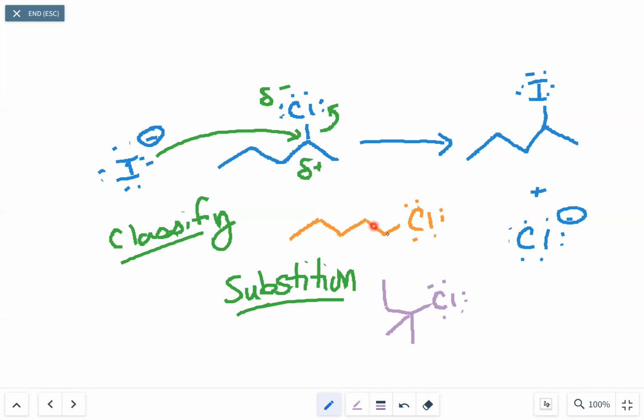So we have one molecule of iodide, I should say. We've got one molecule of this compound, one molecule of this compound, and one molecule of this compound. So we've got only four molecules in our entire reaction mixture.